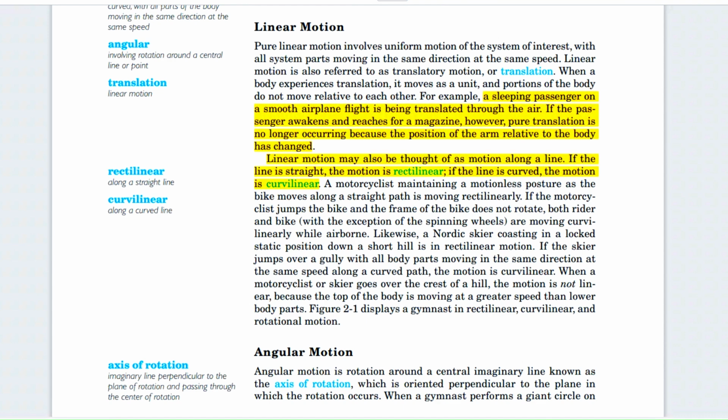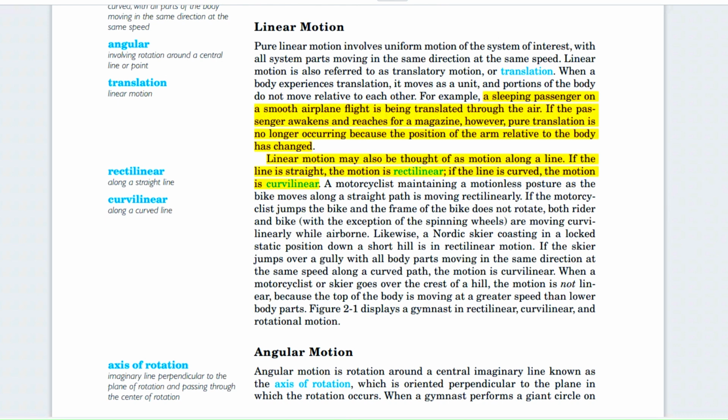So there is no point in saying that pure linear motion is present in that human body. There are certain movements a person can make to break that normal linear motion.